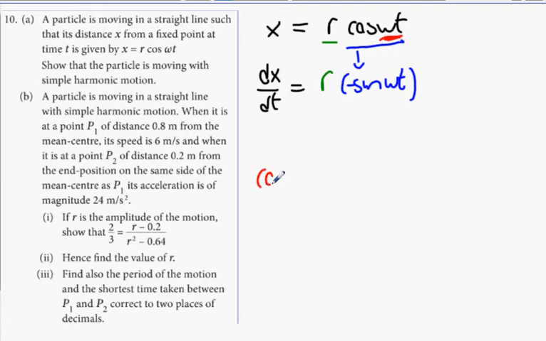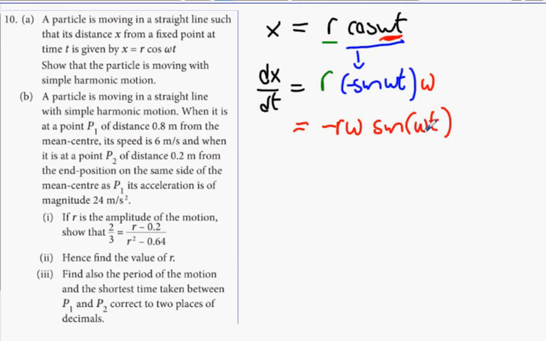If that was cos 3t, when you differentiate the angle, the answer would be 3. This is cos omega t. So when you differentiate the angle omega t with respect to t, it's whatever letter comes in front of the t. So the answer would be omega. So that's where the extra omega will come from. So you're going to have minus r omega sine omega t.